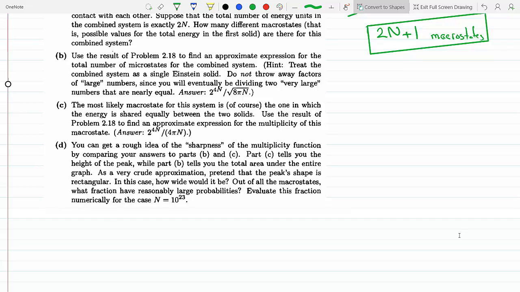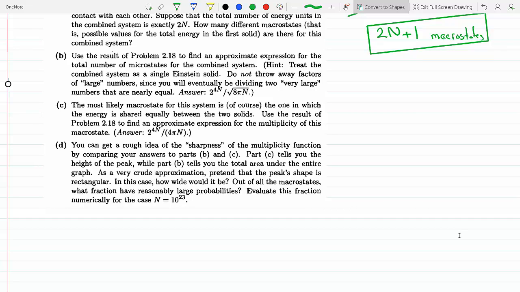In other words, we are taking those two solids and turning them into one solid, since we need all the microstates, regardless of how the energies are divided up between both of these solids.